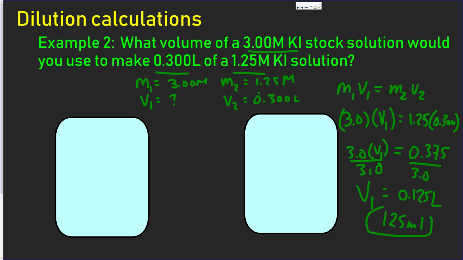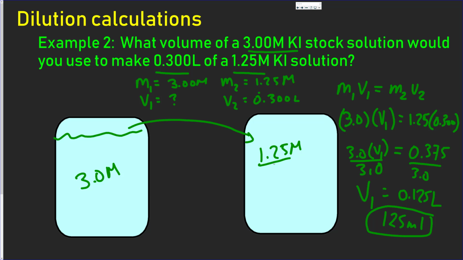So what does this number we just calculated represent? Again, we started off with a 3.0 molar, and then we need to dilute this to 1.25 molar. So you know that this is a lot less than this, so there's less solute.